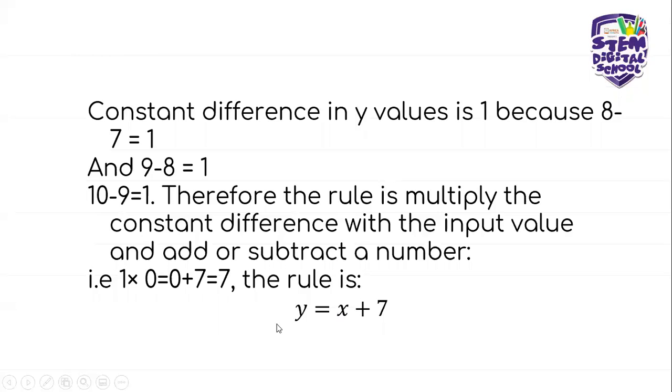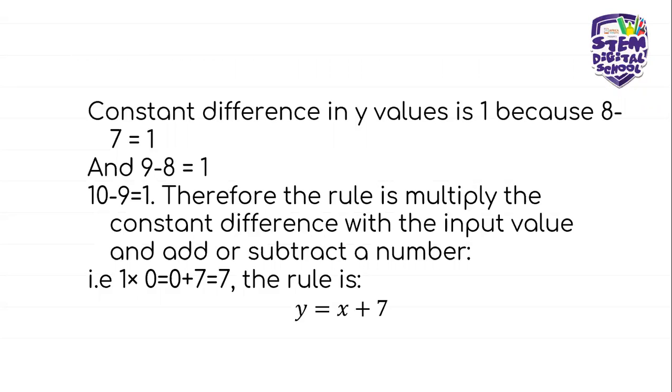Therefore, y is equal to 1 multiplied by x, which is x, and then you add 7. Remember all the time that in mathematics we don't write the coefficient of x if it is 1, but we know it is there all the time. All that we write is x. So we write y is equal to x plus 7, but we know that the coefficient of x is 1. Hence our constant difference is also 1.